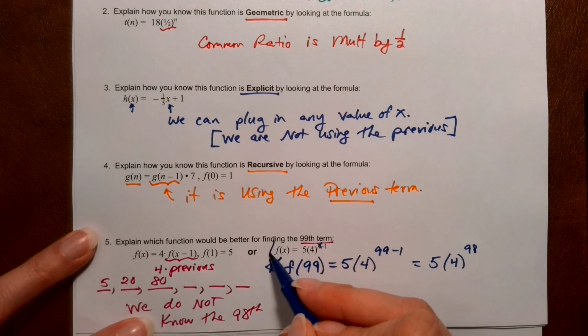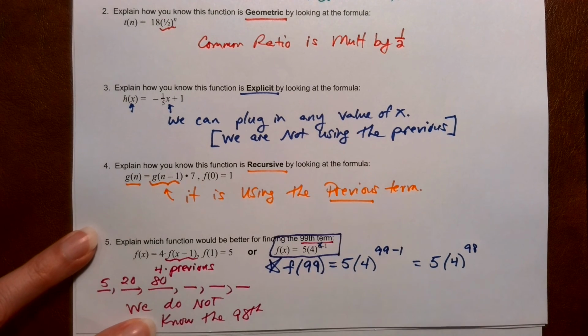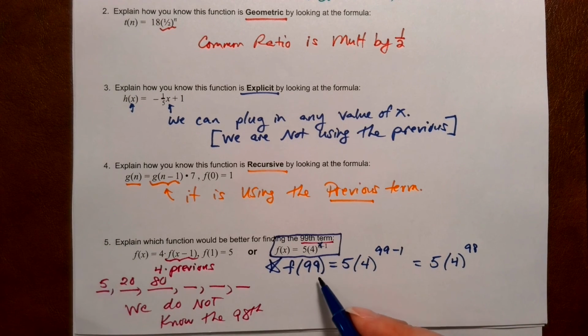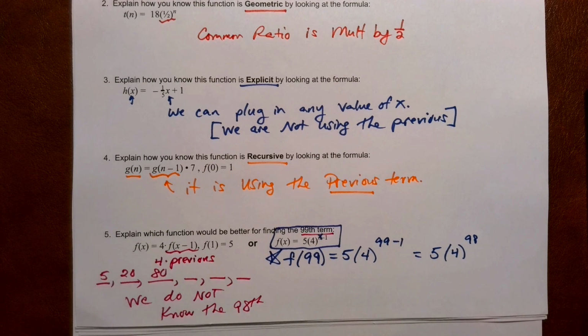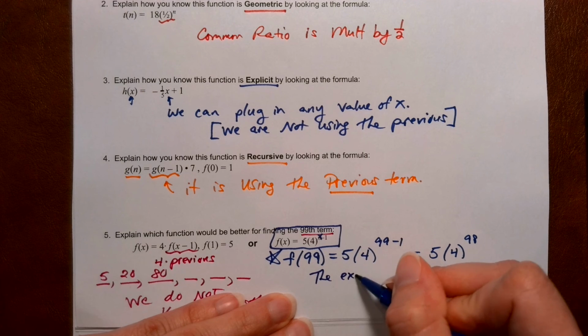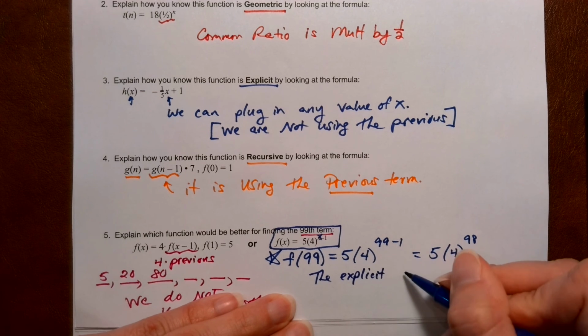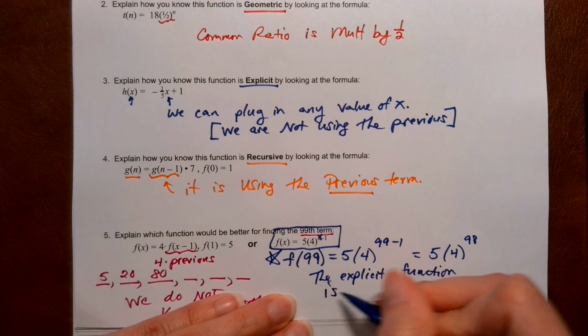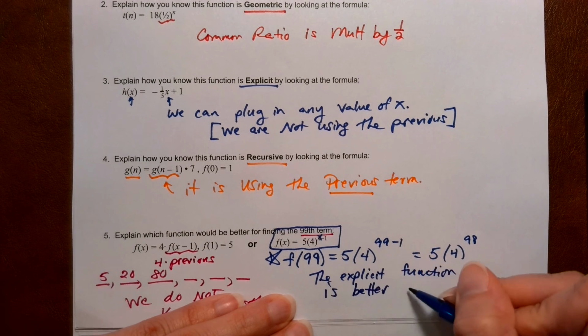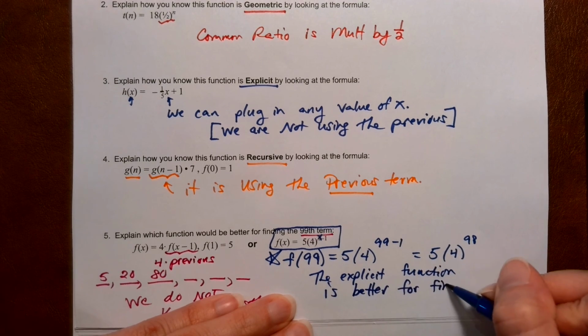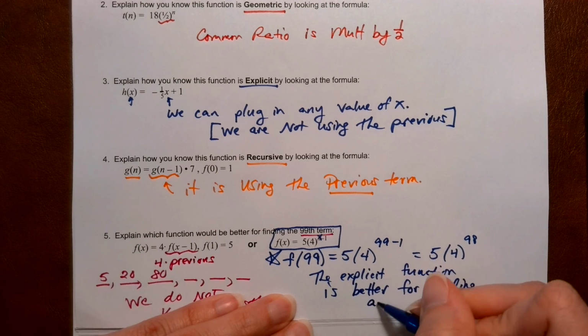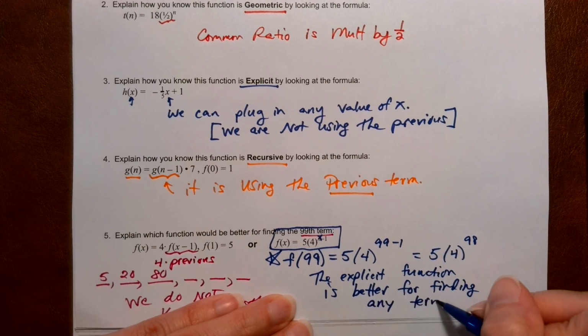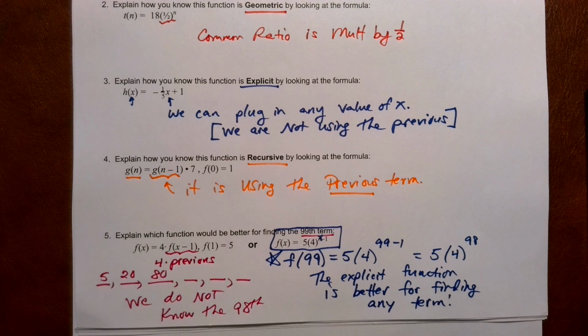I think this function is better for finding a term that's far out because I can just plug the input in. So the explicit function is better for finding any term. I hope this helps you identify your functions better.